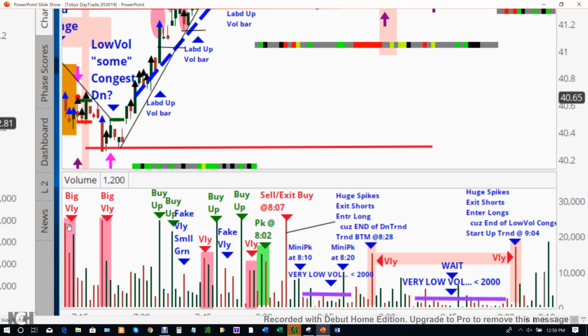Now, if it's reversed, in other words a big green bar comes first and then a big red bar, that would be a peak, right? So I got these labels: big valley, big valley. I don't have a big valley here because these bars are medium, but of course it's still more significant than something like this.